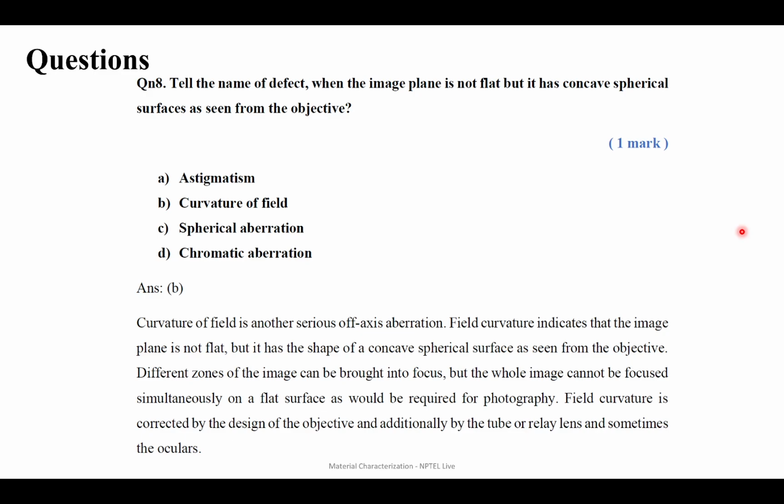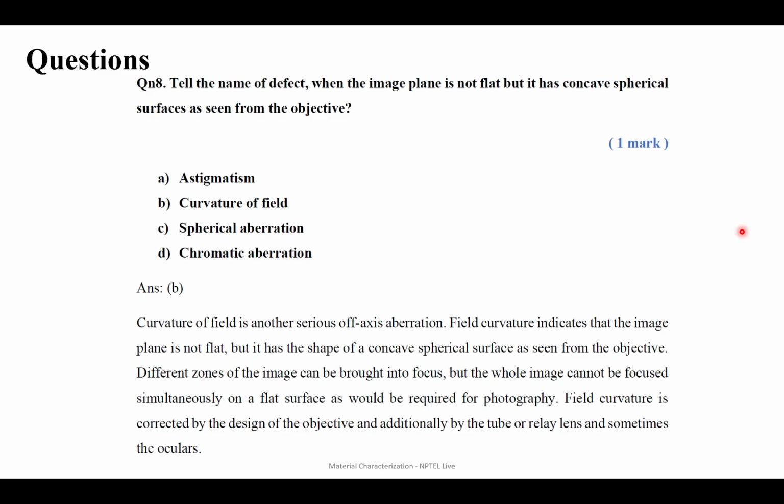Different zones of the image can be brought into focus, but the whole image cannot be focused simultaneously on a flat surface, as would be required for photography. Field curvature is corrected by the design of the objective, and additionally by the tube or relay lens and sometimes the oculars.